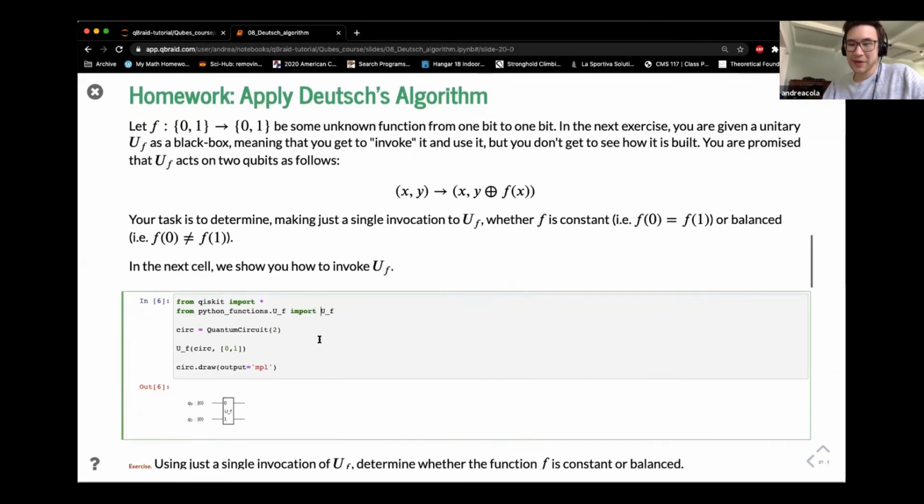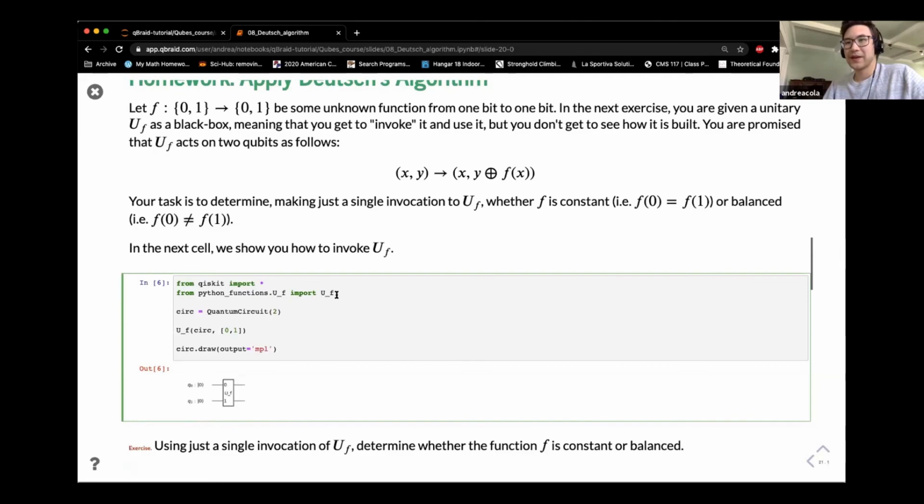So here, let me show you briefly how you invoke u sub f. You have to write from Python functions.u sub f import u sub f. This is some other folder that is hidden to you, I think. And then you prepare a circuit with 2 qubits, and you add u sub f to it using this precise code.